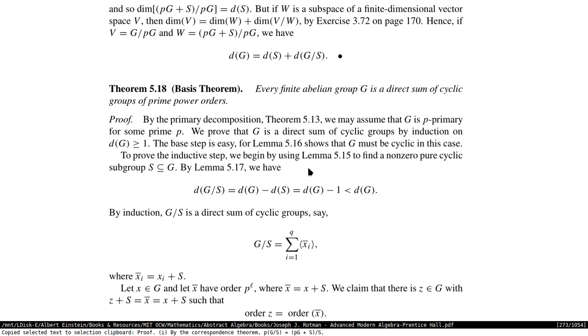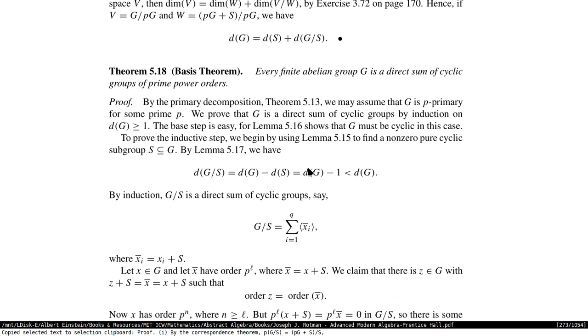Okay, so the basis theorem, finally, after all the work. Every finite abelian group G is a direct sum of cyclic groups of prime power orders, right? Orders of powers of a prime. Okay. So, by the primary decomposition theorem, we assume that G is p-primary for some prime p.